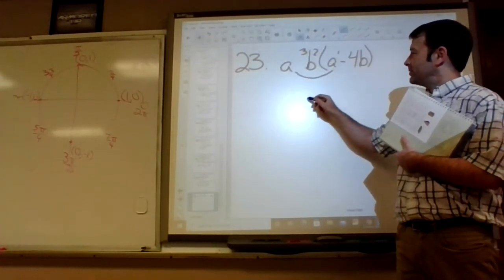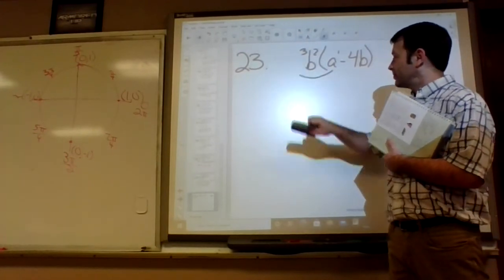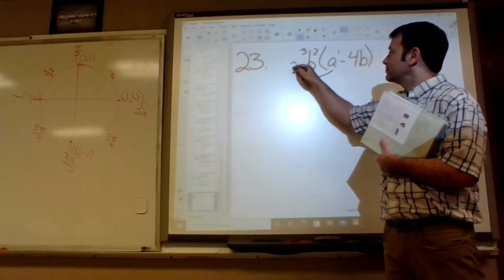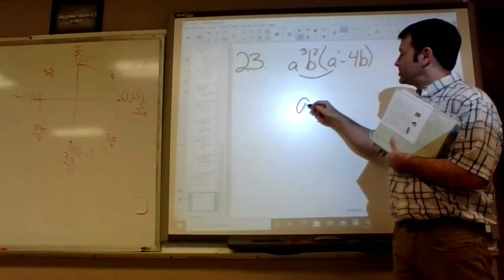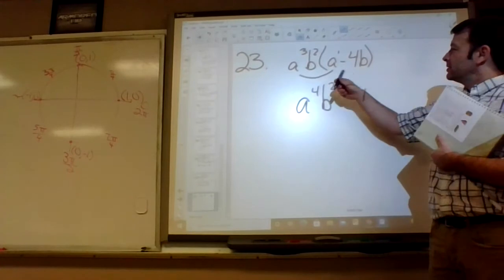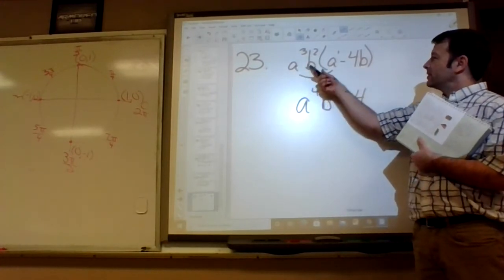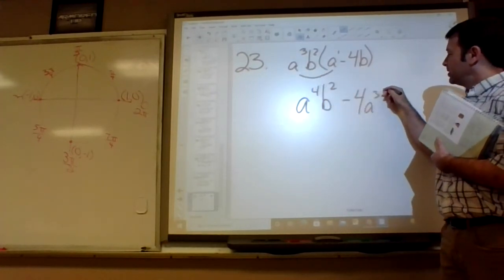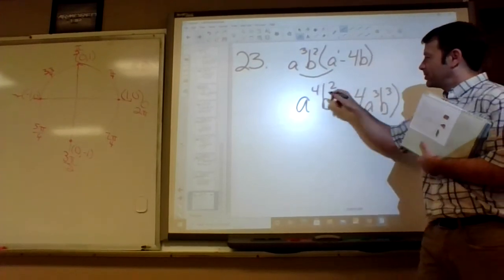A cubed times A is A to the fourth. So we get A to the fourth B squared minus 4A cubed B cubed. Okay, unfortunately that was only the first part of the problem.